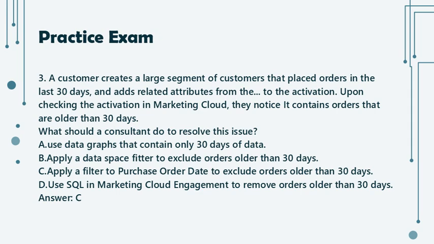A. Use data graphs that contain only 30 days of data. B. Apply a data space filter to exclude orders older than 30 days. C. Apply a filter to purchase order date to exclude orders older than 30 days. D. Use SQL in Marketing Cloud Engagement to remove orders older than 30 days. Answer: C.